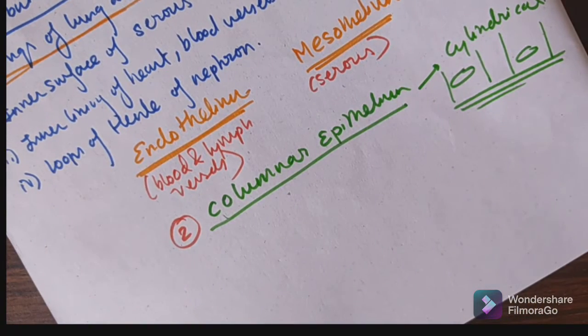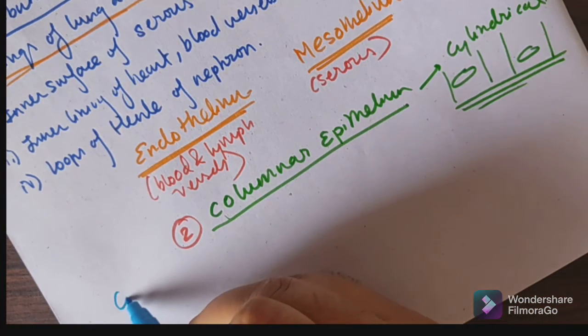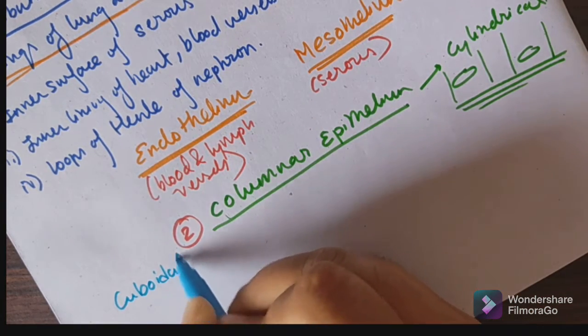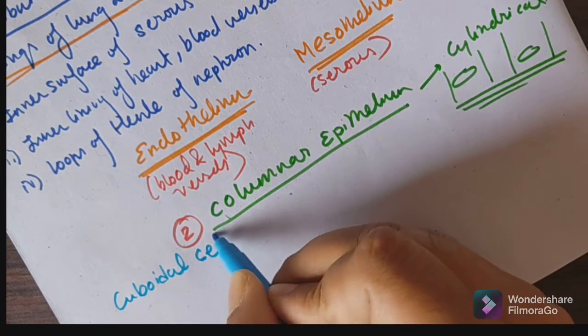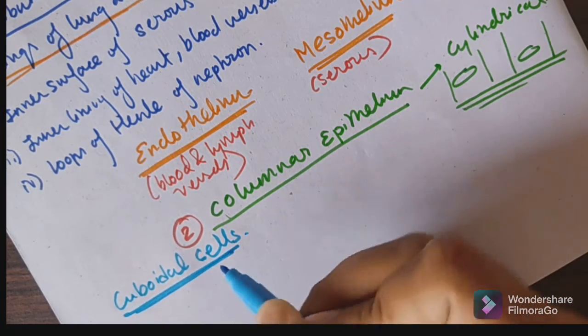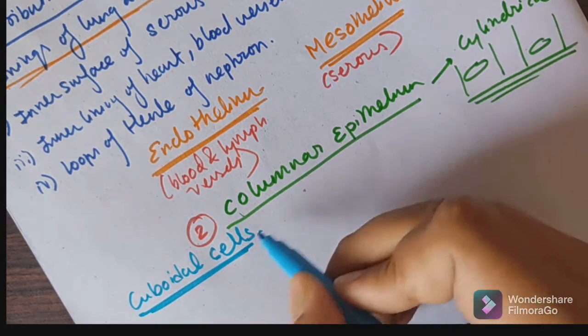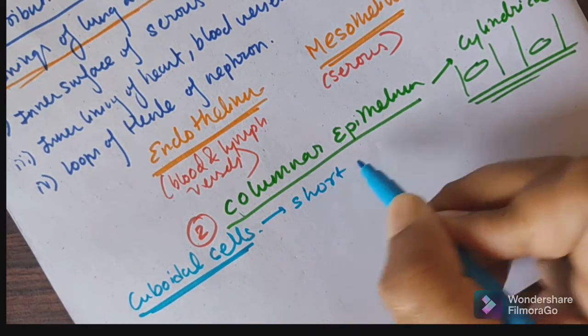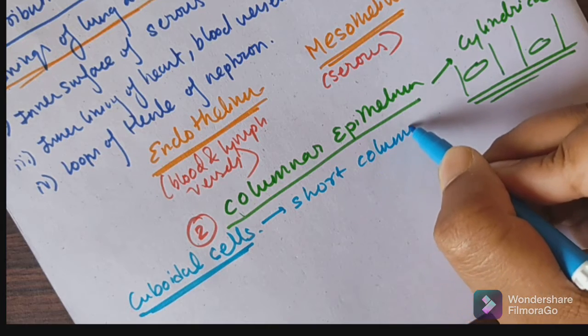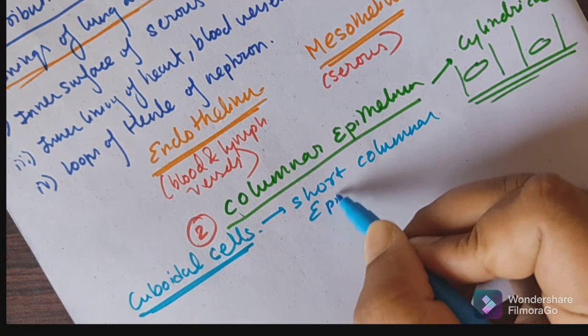Now there is a subcategory of columnar epithelium which is known as the cuboidal epithelium or the cuboidal cell. Okay, now what are the cuboidal cells? Cuboidal cells are generally short columnar epithelium.